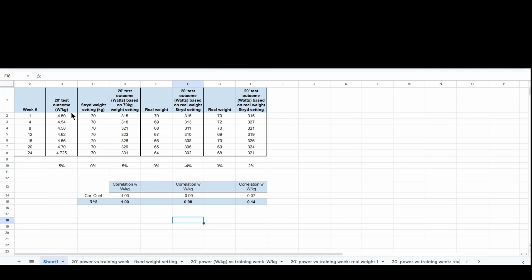It's a steady progression from 4.5 watts per kilogram to 4.725 watts per kilogram as the average power for that 20-minute test. That's about a 5% increase over a 24-week plan, which is not atypical. It's certainly possible and a realistic number.